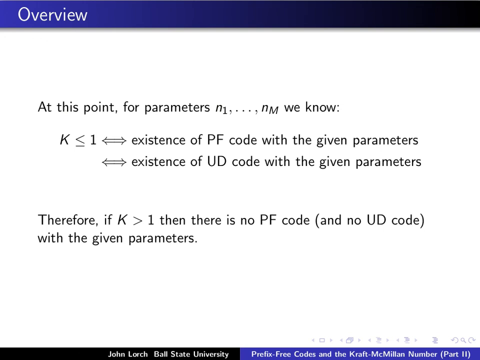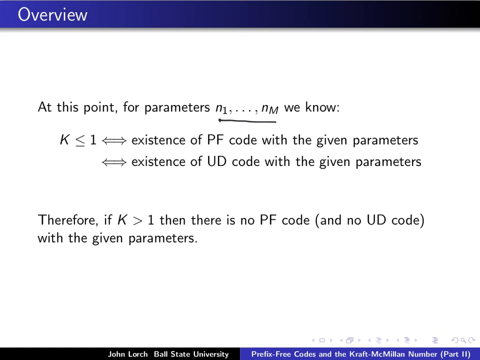Let's summarize now what we know about the Kraft-McMillan number. From the earlier video, we knew that if k were less than or equal to 1, then that implies the existence of a prefix-free code with the parameters n sub 1 through n sub m. And that, in turn, implies the existence of a uniquely decodable code with the given parameters.